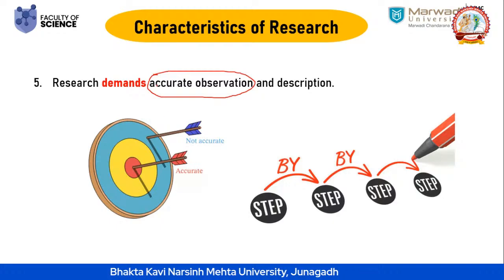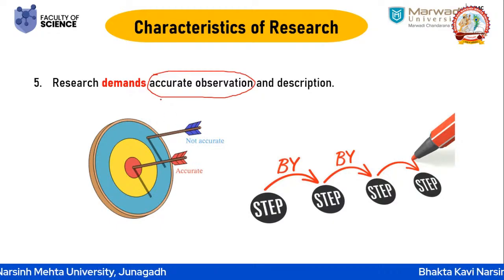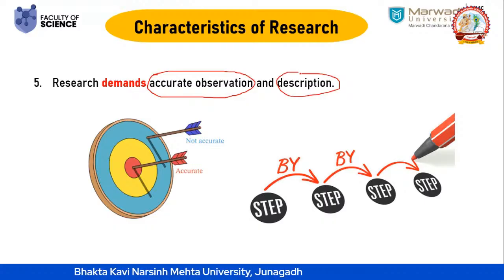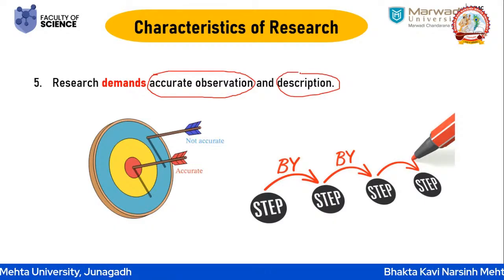So whatever data you are presenting in your research, it should be accurate observation, and then you need to give a description in a proper, scientific manner of how these results came out of the research. That is very, very important.